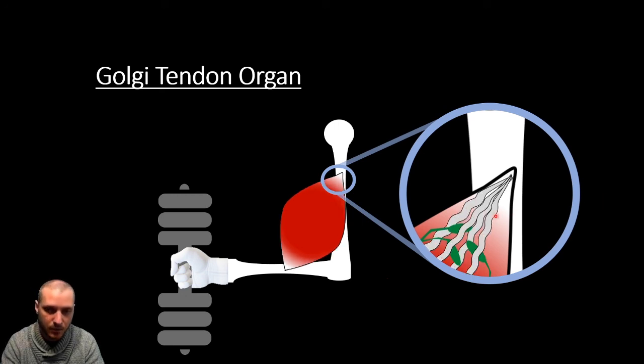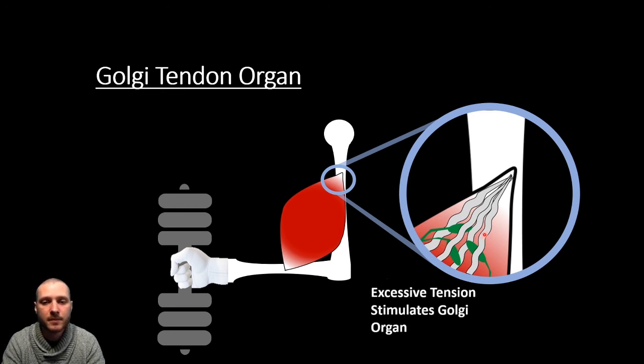So we lift the weight, the fibers get bigger, and then you can see the sensory receptors that are embedded in these tendons are now being smushed together, and this is what's going to stimulate them and allow them to send their action potential to the spinal cord and say, oh my God, we have too much tension. So excessive tension is going to be what stimulates these Golgi tendon organs.